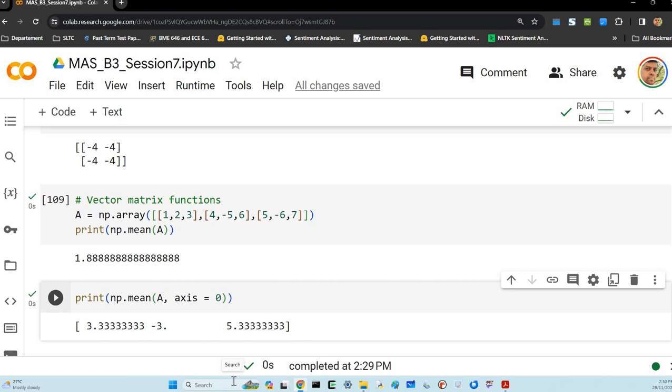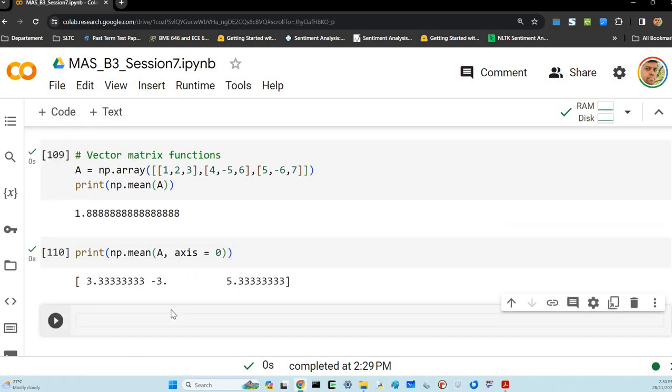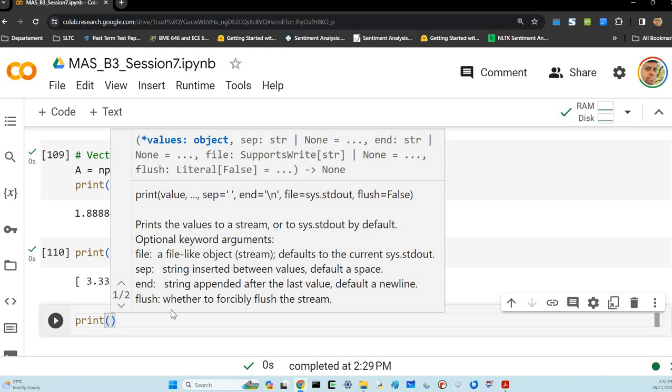So column wise, sorry, row wise, right? What I meant earlier is in this way.